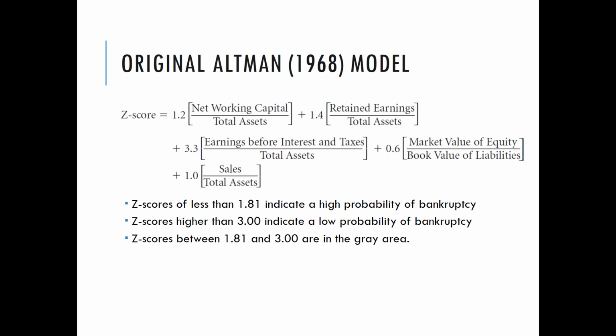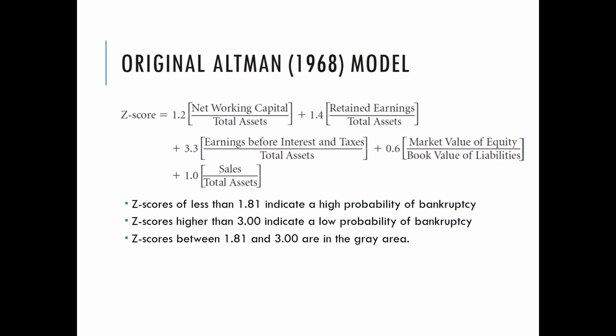And if you remember back from the homework, we did talk about the idea that just because one of these coefficients is 3.3 and the other one is 1 does not mean that the 3.3 is 3.3 times more important than the sales divided by total assets. Generally speaking, when we're looking at their contribution to the probability of default, we also have to consider what is a normal range for this ratio.